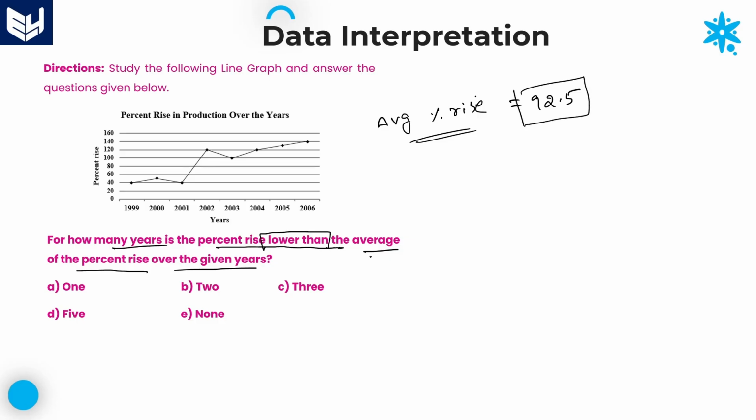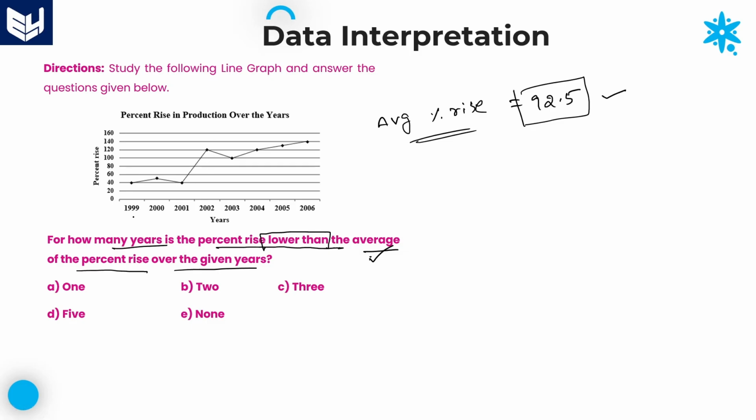Now what he is asking is, suppose this particular value is not calculated previously, first of all we need to calculate the average percentage rise over the given years, like the previous problem. Once you got this 92.5, you can compare each and every individual value in the line graph with this 92.5.